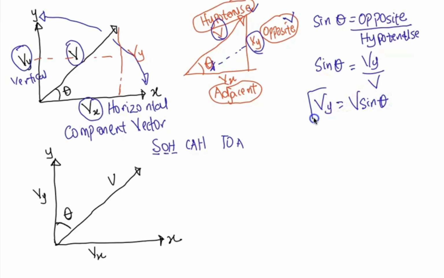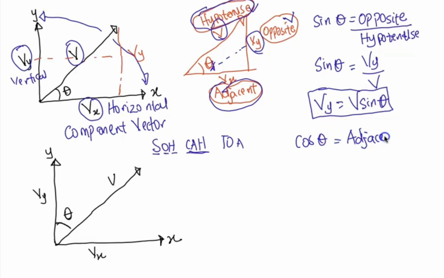So when you are told to calculate the vertical component, you are just simply going to make use of this formula. Vy is equal to V sine theta. So when we are told to calculate the horizontal component, the horizontal here is adjacent. And then we are going to compare it with this hypotenuse, which you already know. So CAH here brings us to cosine. So in this case, cos theta, which is cosine of the angle, is equal to adjacent over the longest side, which is the hypotenuse.